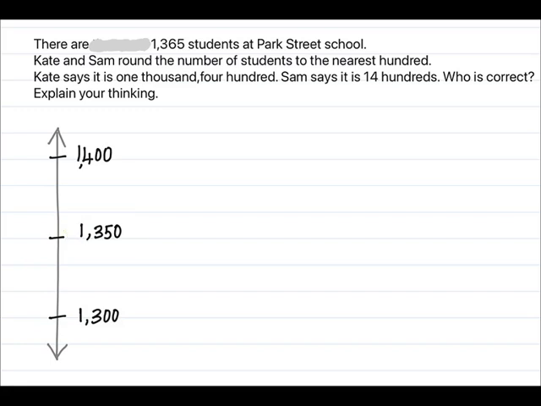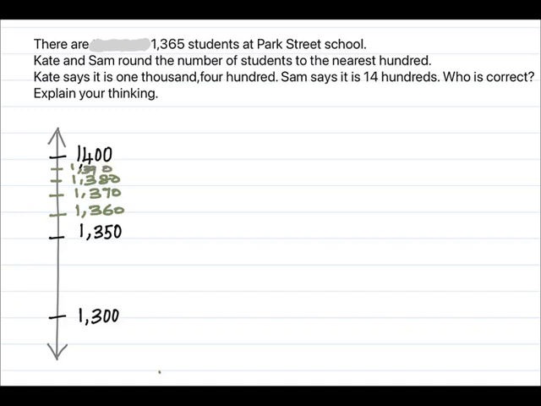Now we have to label the number that is given in the question, which is 1365. The 1365 must come between 1350 and 1400. So let us label the tick marks first: 1360, 1370, 1380, 1390.